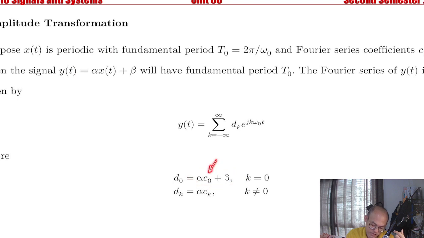If you want to find d0, you plug in c0. But for k other than 0, when k is not equal to 0, dk, which is the Fourier series coefficient of y, is just alpha ck. You don't have to add beta in. Beta will be gone, okay, if k is not equal to 0.